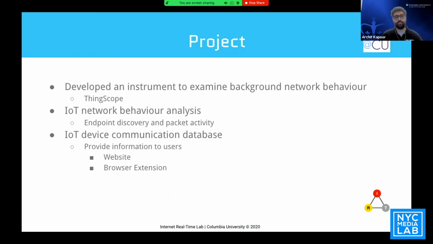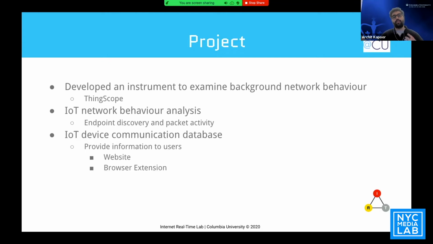So here's where our project comes in. What we have developed is an instrument that examines the network behavior of an IoT device, and we call it Project ThingScope. We divide it into two parts. The first part is a tool that can analyze the network behavior of an IoT device. So this means, like I said before, what server it's talking to, how many messages it is sending, what protocol these messages are using, and things like that.